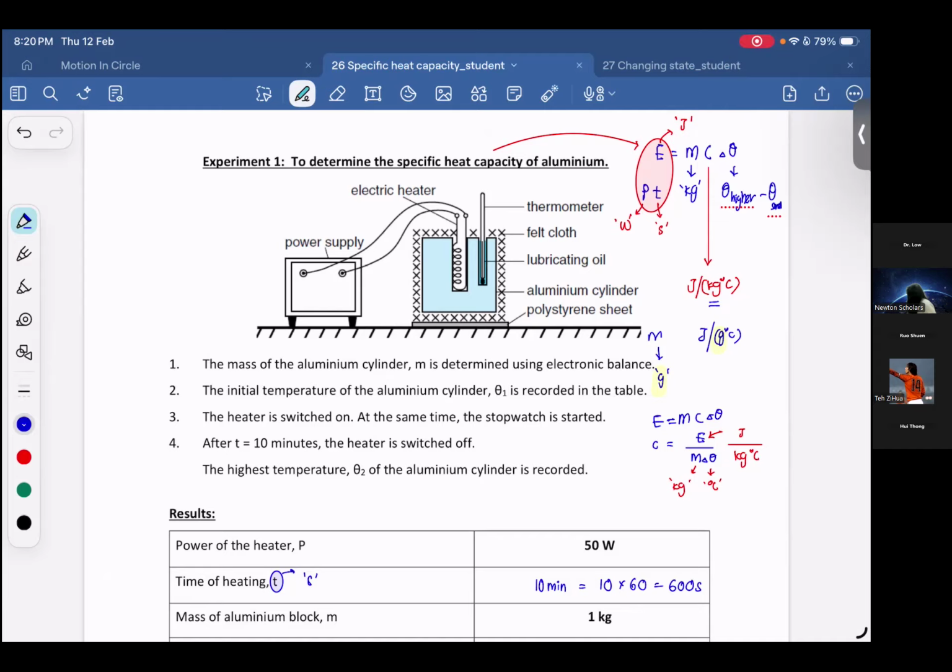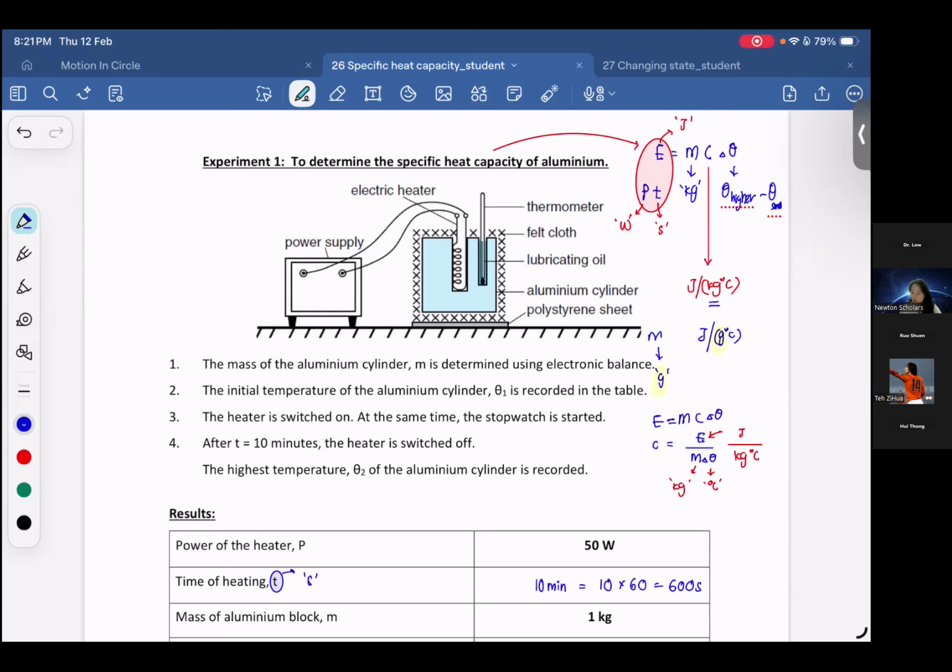Okay, did you guys get the answer for the specific heat capacity of the aluminium? Can you tell me? None of you calculated the answer?